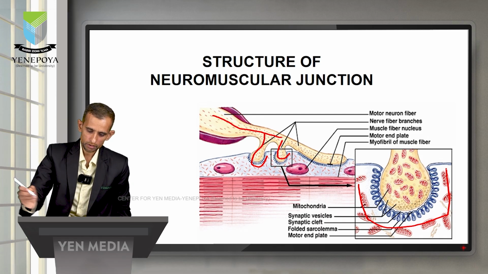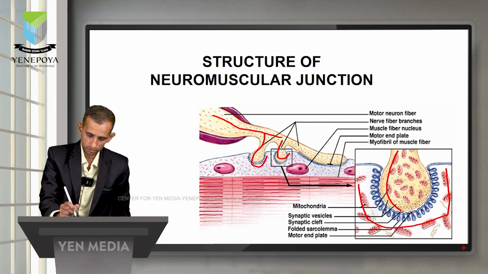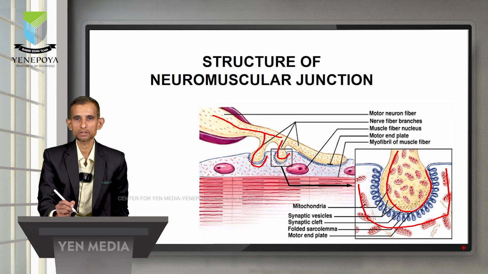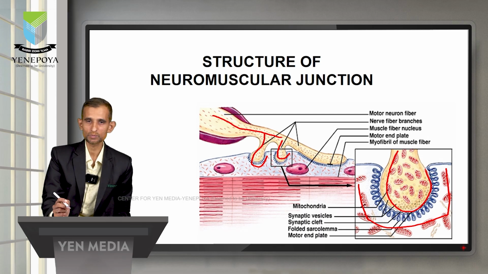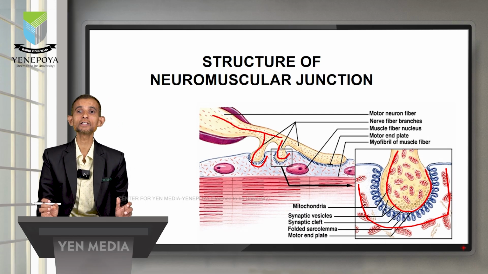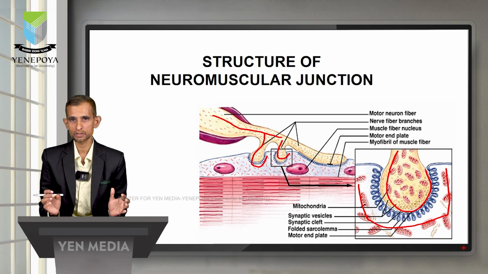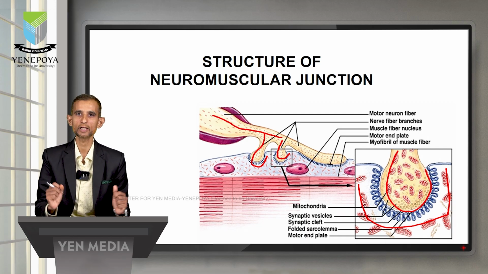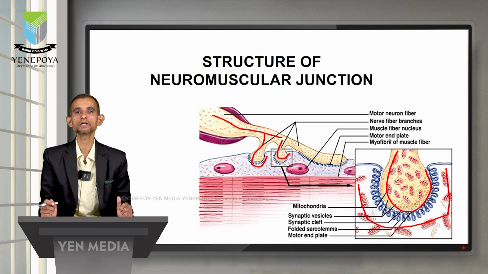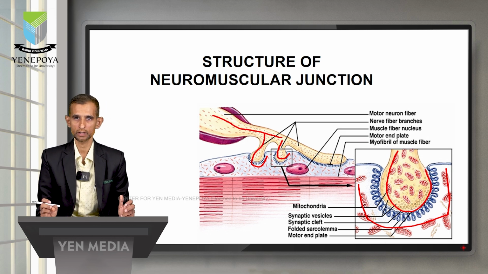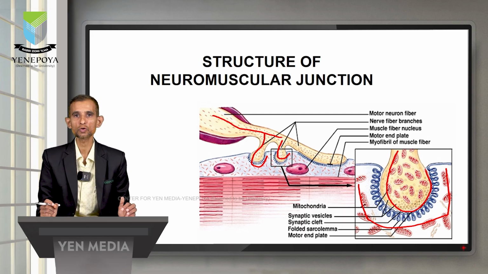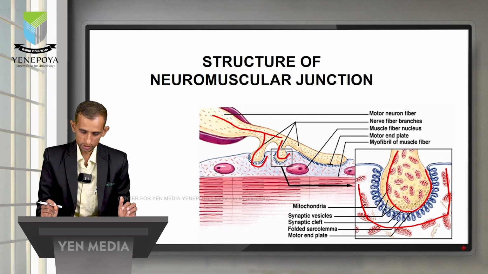You can also see that the axon terminals have vesicles. The vesicles contain a neurotransmitter, which is acetylcholine. Around 3 lakh vesicles are present, filled with acetylcholine. It also has mitochondria, which help to produce ATP.